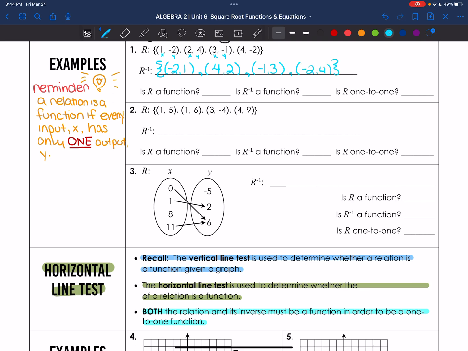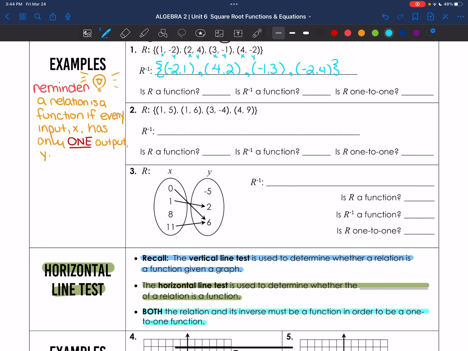This is our inverse. Now, we are asked, is R a function? Do we have for every x only one output? Well, let's check and see. I have 1 being paired with -2. Is 1 ever going to be paired with anyone else?